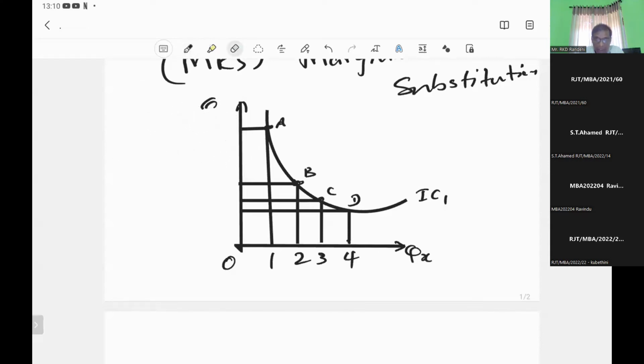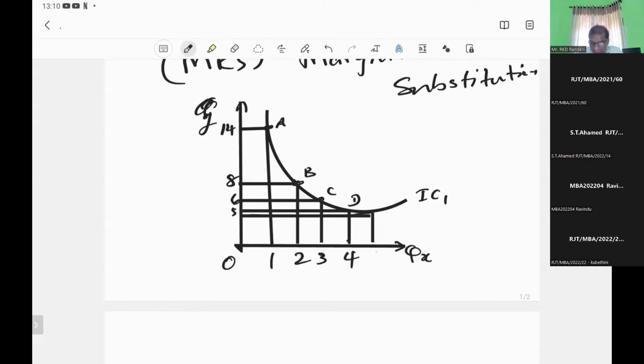Clear, no? Here quantity Y is 14, right? Here 8, then 7, 6, 5, and 4.5.